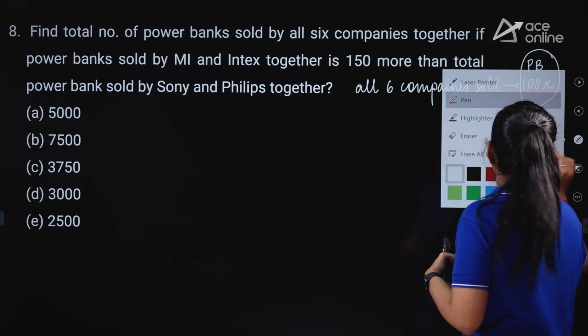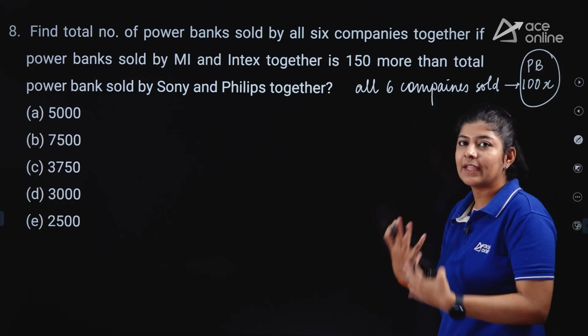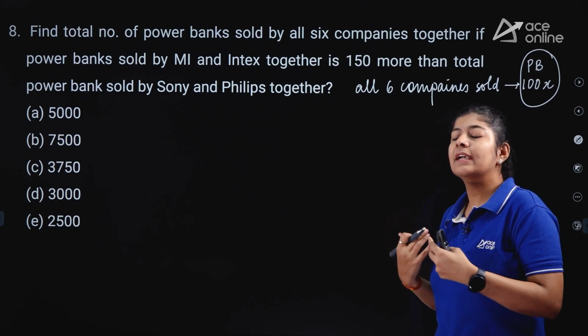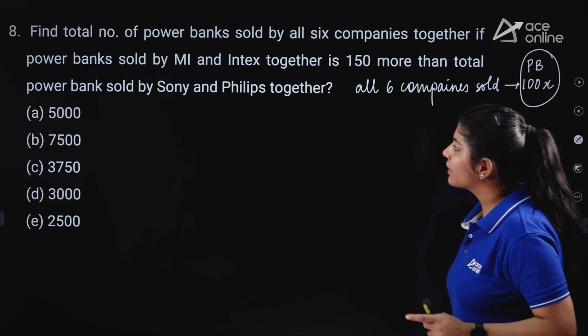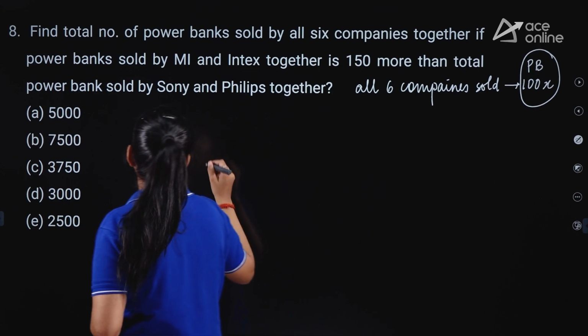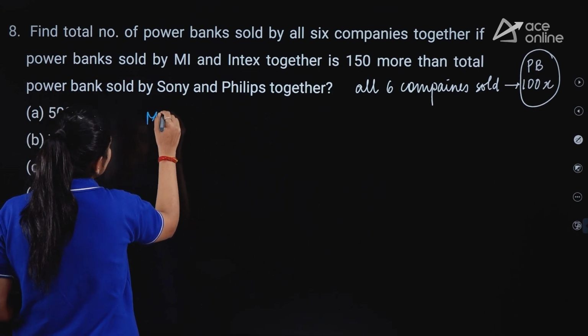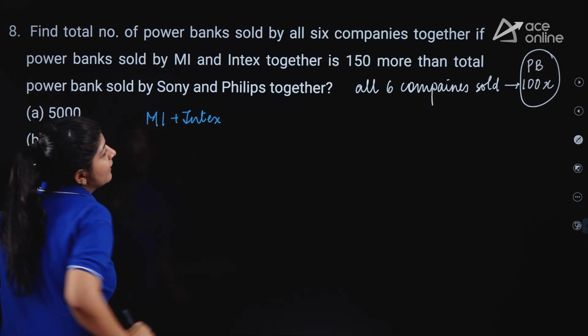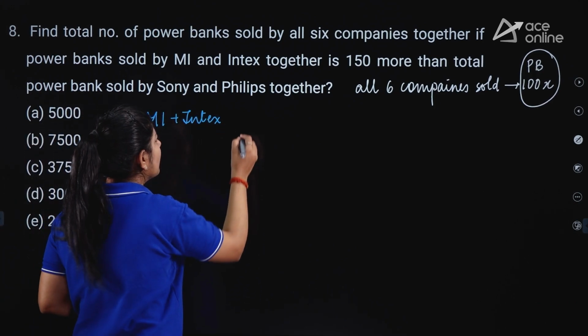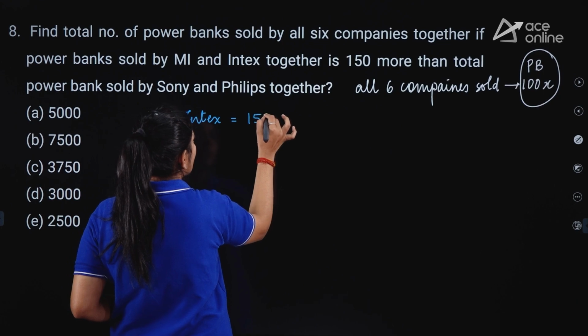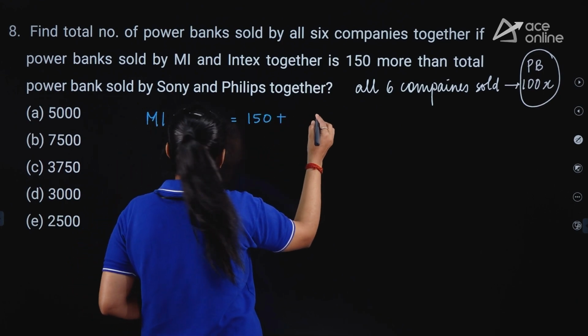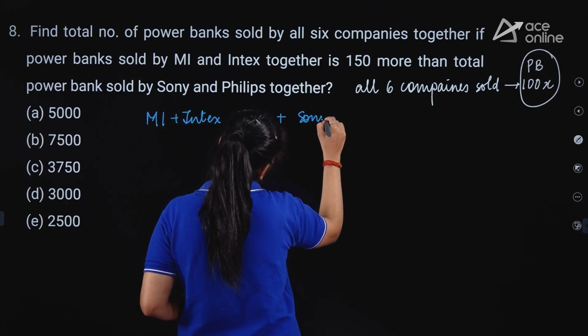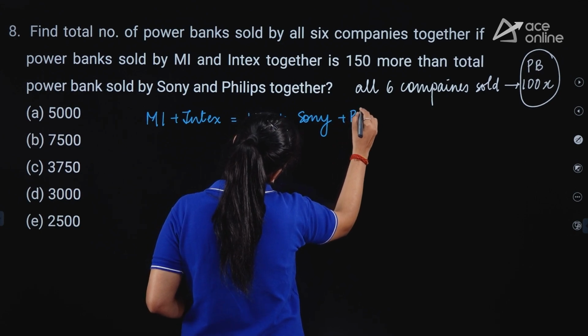On the basis of that, we have to make the equations and we will get our answer. So first the question says that the number of power banks sold by MI plus Intex is 150 more than what? Than the Sony and Philips.